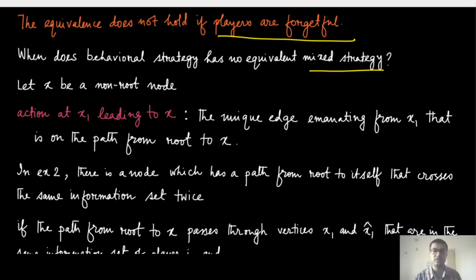X1 is some intermediate node which is lying in the path from the root to X. Because this is a game tree, there is only a unique path. Therefore, there will be a unique edge emanating from X1 that is on the path from the root to X. That edge will denote the action that can lead you from X1 to X.